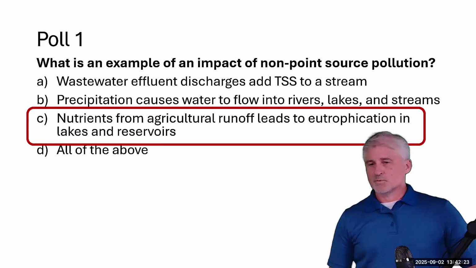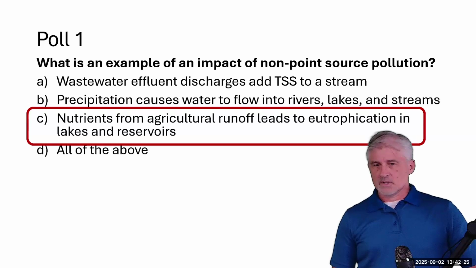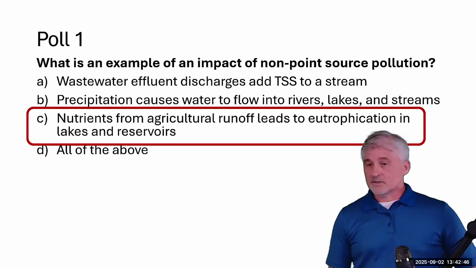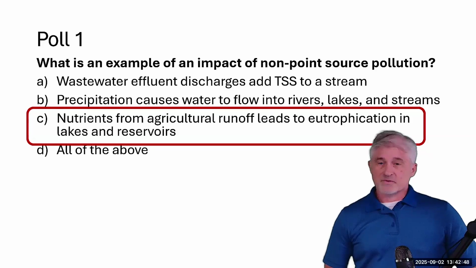Wastewater effluent discharges would be considered point source pollution, so that rules out A. Precipitation causes water to flow into rivers and lakes and streams. Yeah, that could be considered, but there's no impact identified. Under ideal situations, we have precipitation that flows, but it doesn't have an impact.